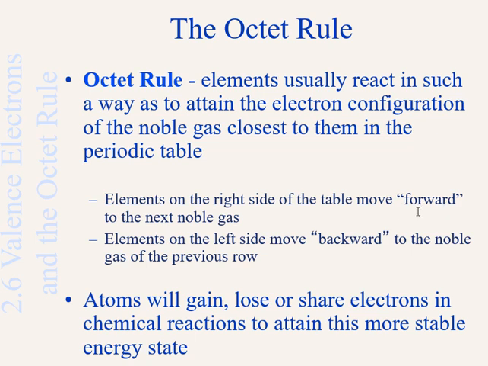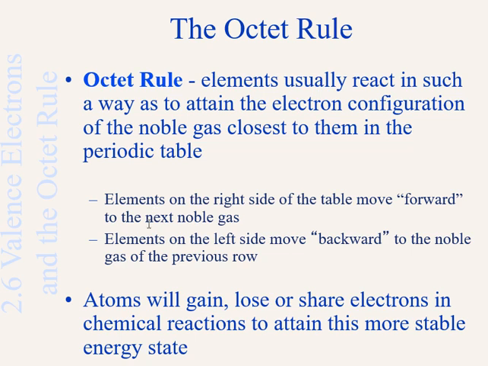To the right they will move to look like the noble gas over there. While the elements on the left of the periodic table will move backward to the left and decrease in atomic number. That way they will come to the noble gas closest to them.